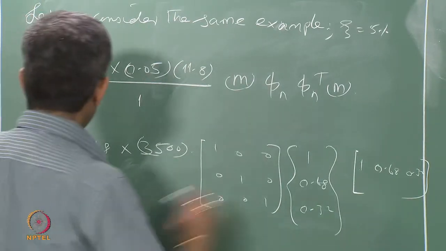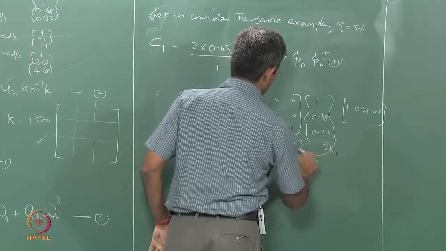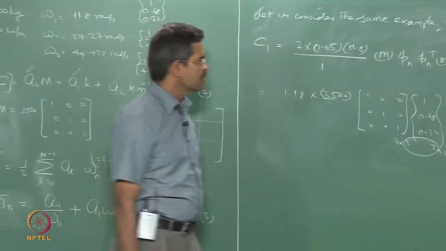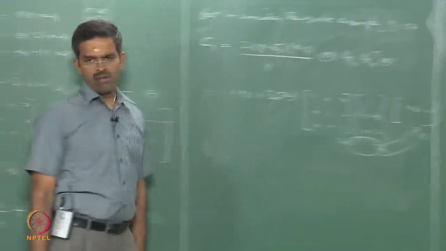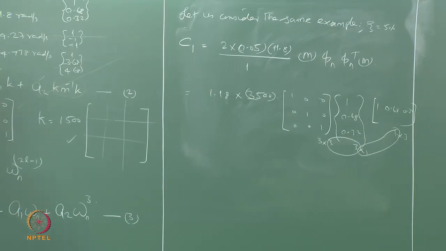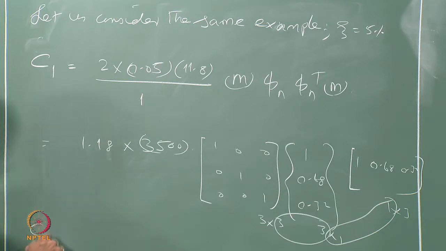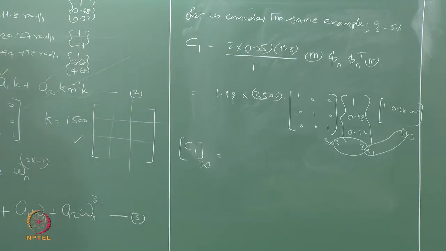You can see here the compatibility, 3 by 3, 3 by 1, 1 by 3. Okay. Can you find out this matrix? Can you find out this?